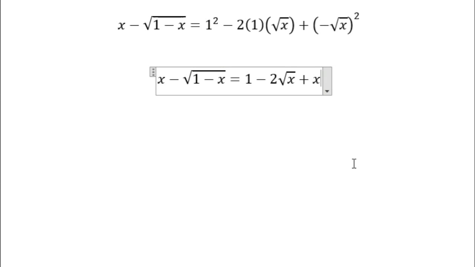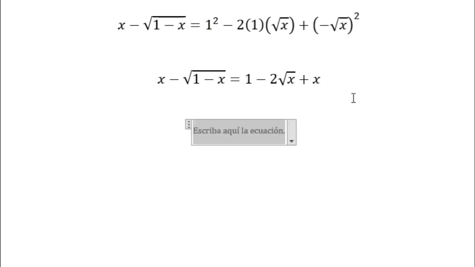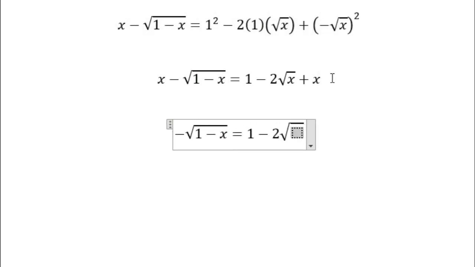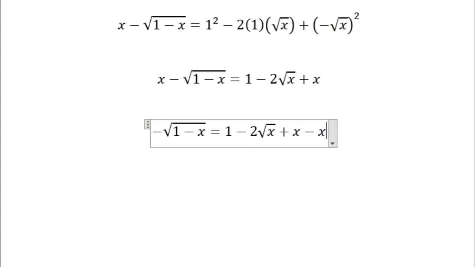We can further simplify this by subtracting x from both sides. When subtracting x from both sides, we will end up with minus the square root of 1 minus x equals 1 minus 2 square root of x plus x minus x.